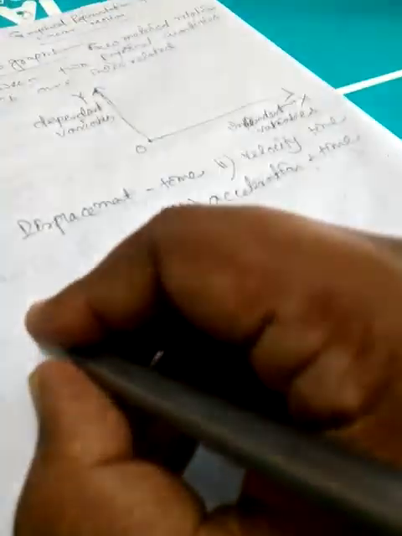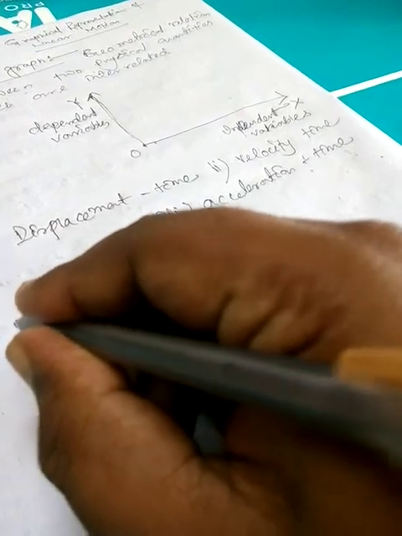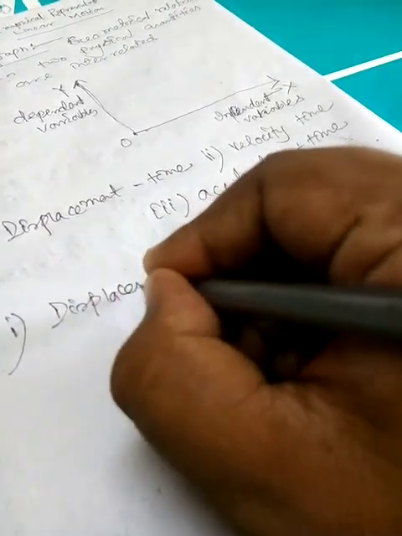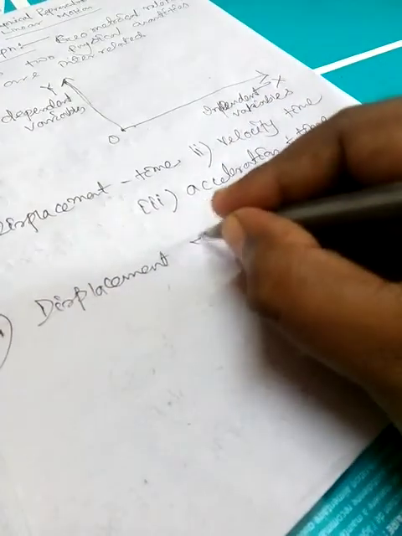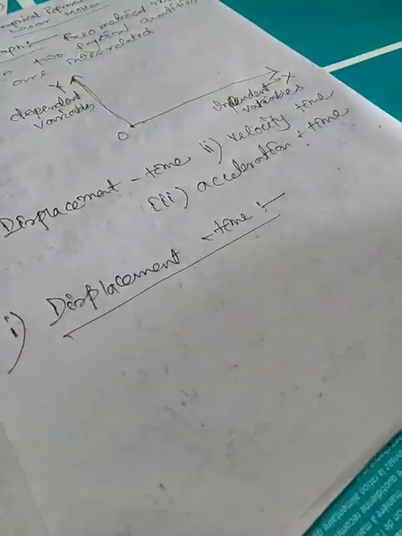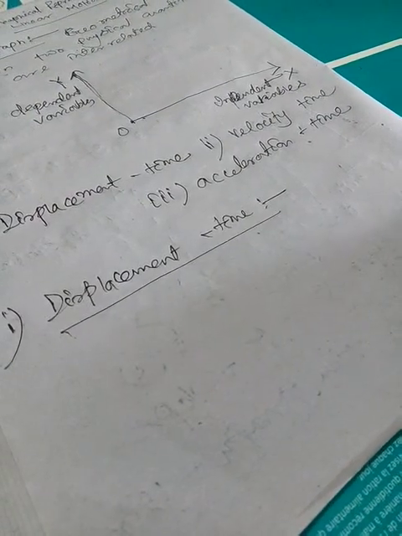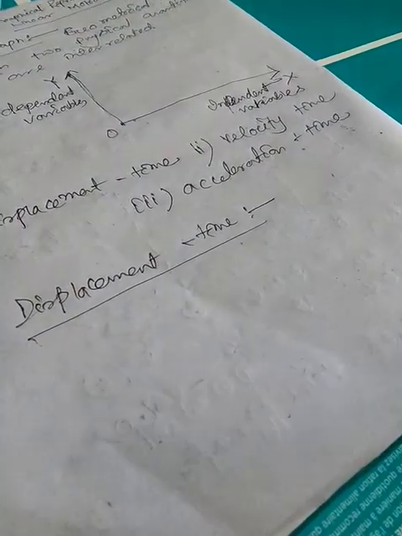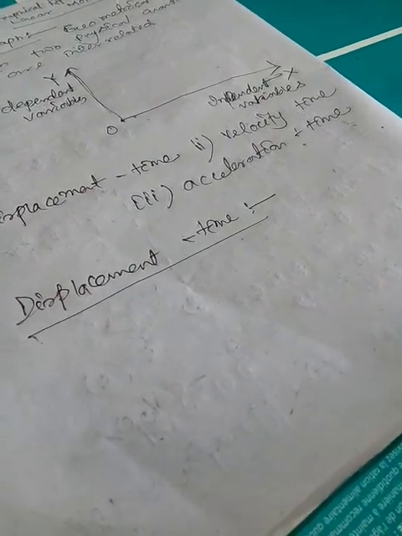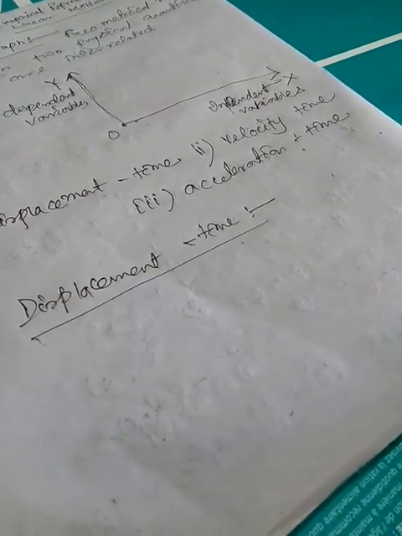So what is the first one? Displacement time graph. Here we are taking two physical quantities, displacement and time.